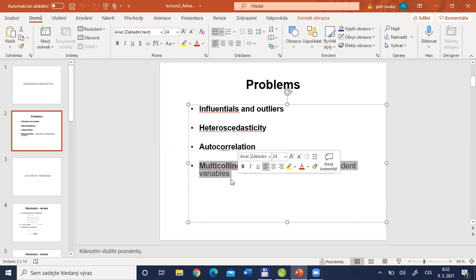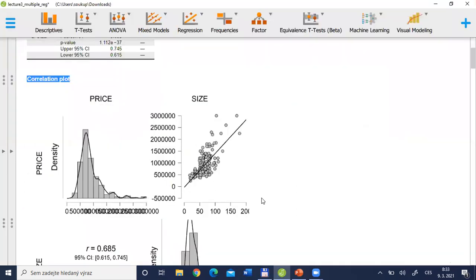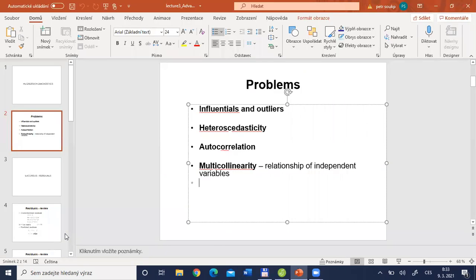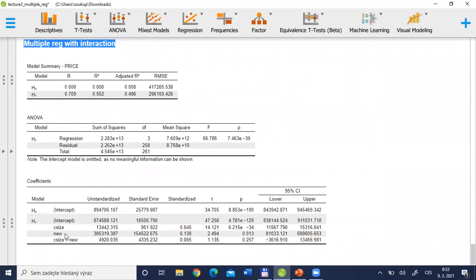The last problem we will cover in detail, as it is nearly always present in real data, is called multicollinearity. The ideal case would be that our independent variables, for example, in the last model size and whether the flat is new or not, would be totally independent of each other.